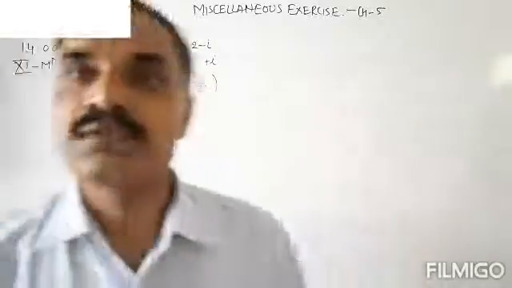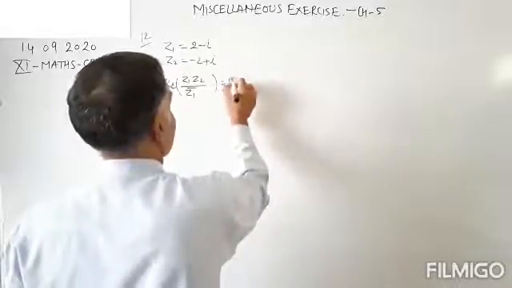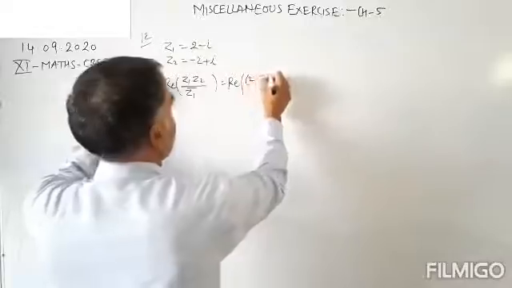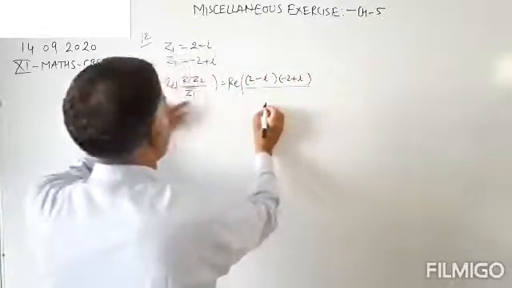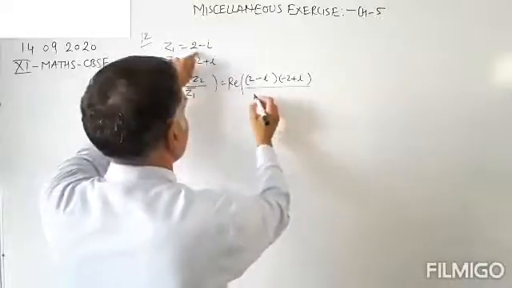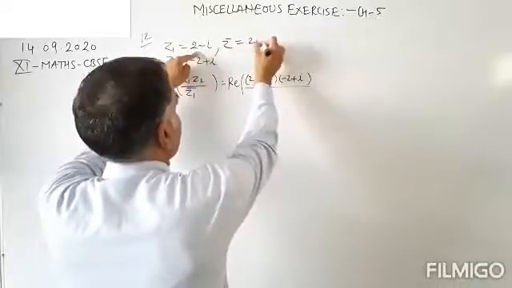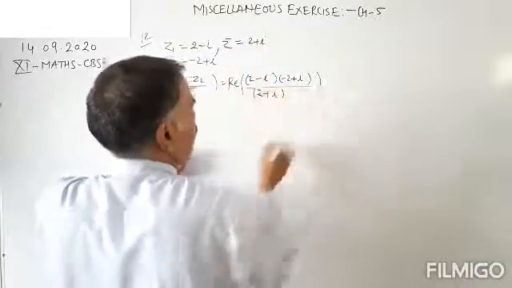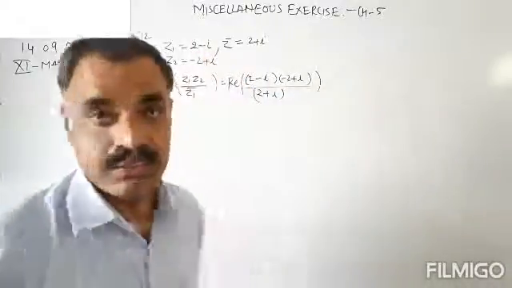That is the real part of Z1 Z2, (2 minus iota)(minus 2 plus iota), upon Z1 bar, the conjugate of Z1, that is 2 plus iota. Now we have to simplify this.